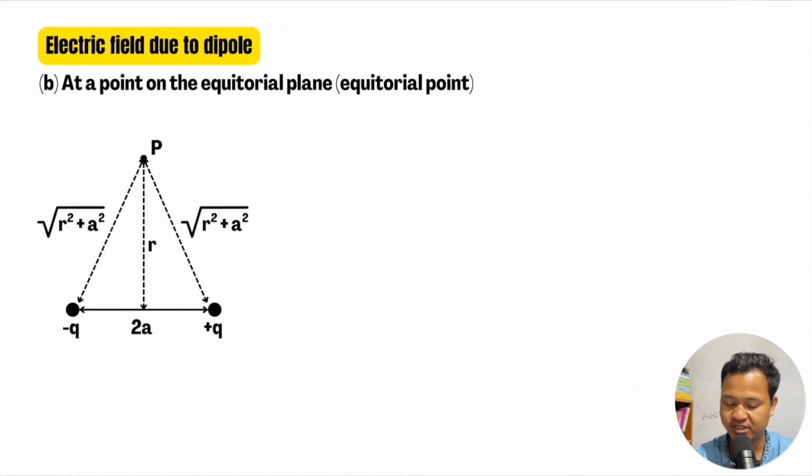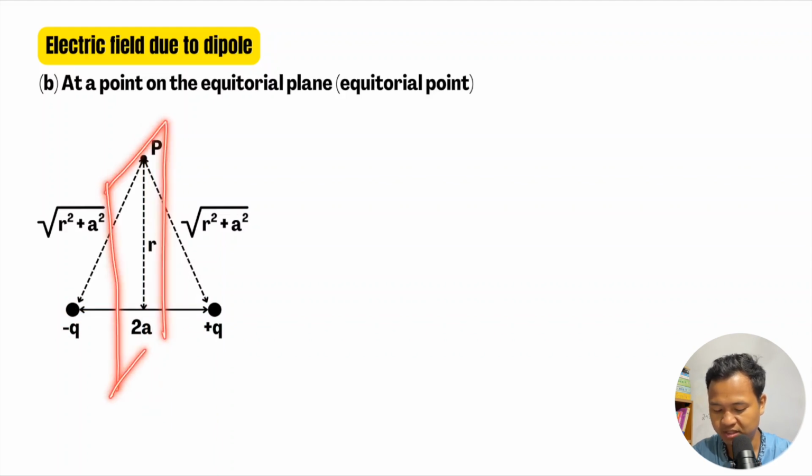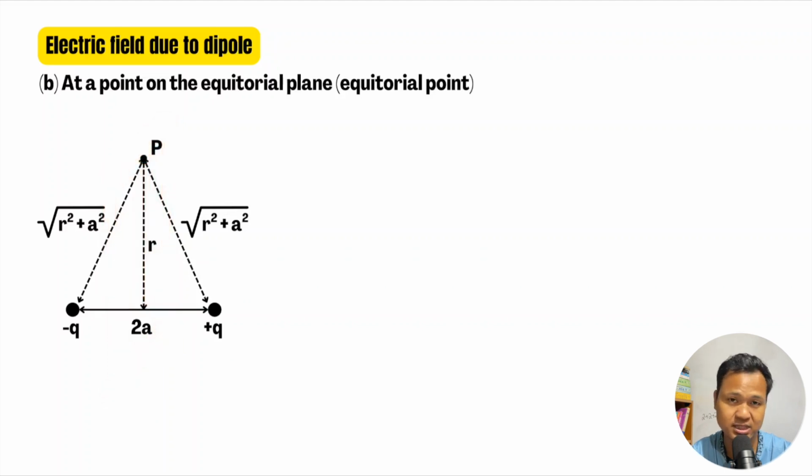Equatorial plane point. Here is minus Q and here is plus Q, the dipole. So there is an equatorial point, a point on the equatorial plane.